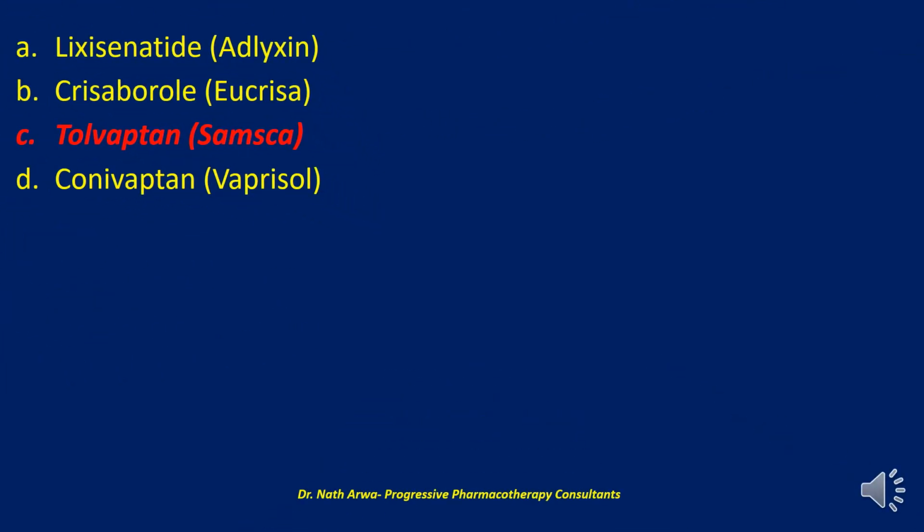I would opt for tolvaptan. If water restriction doesn't improve euvolemic hyponatremia, arginine vasopressin receptor antagonists, to be specific, may be considered as a mode of therapy.